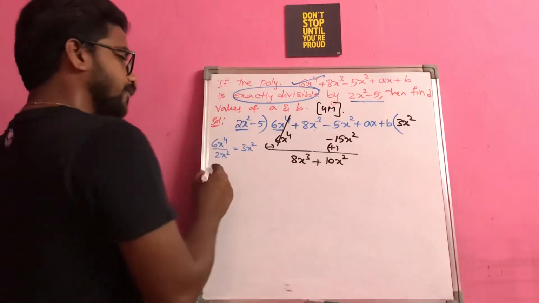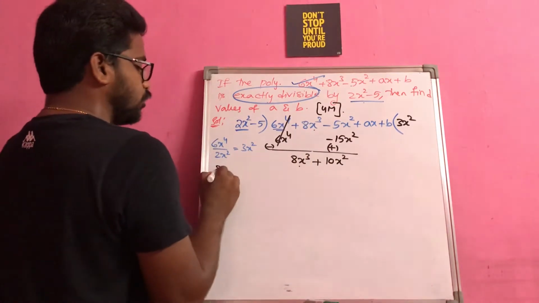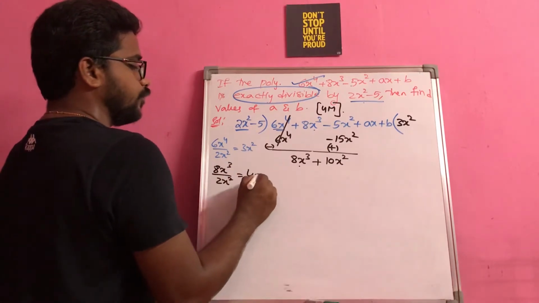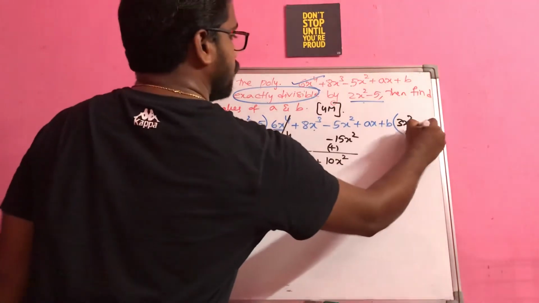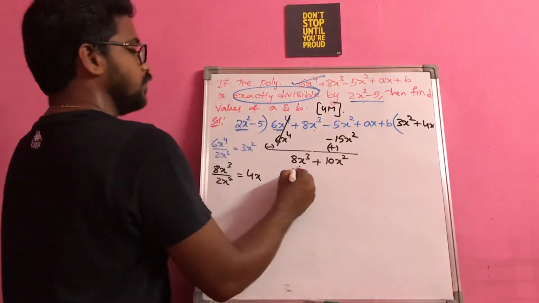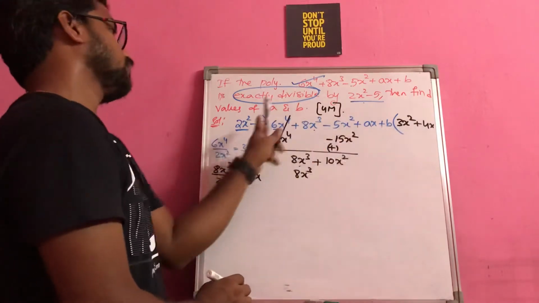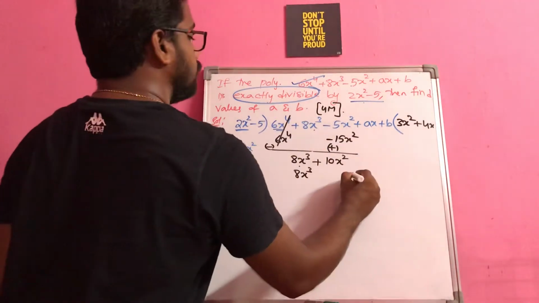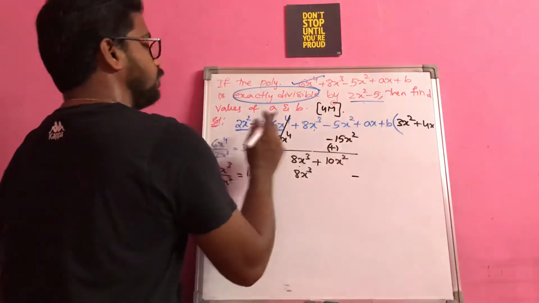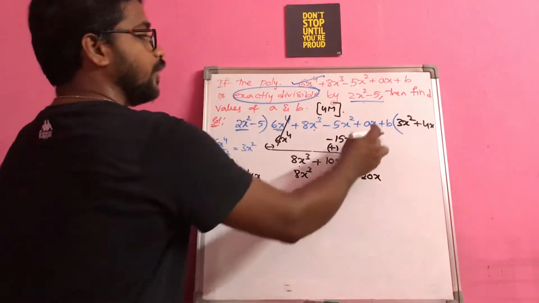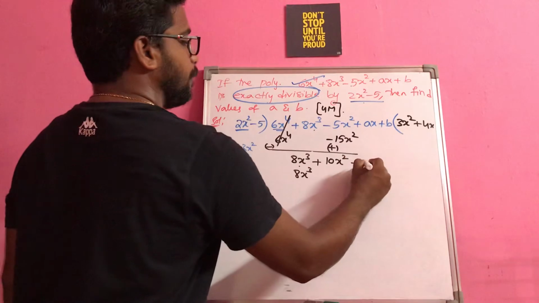Again, the first term here is 8x cube by 2x square, which will give you 4x. So the second term will be 4x. If you multiply it, you will get 8x cube and 4x into minus 5, so that is minus 20x. You can drop the plus ax here.